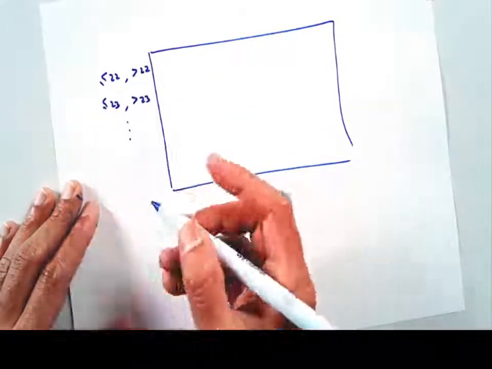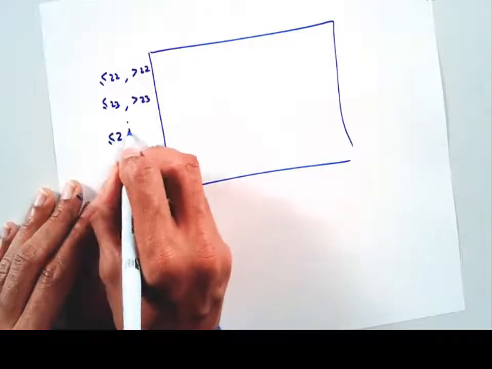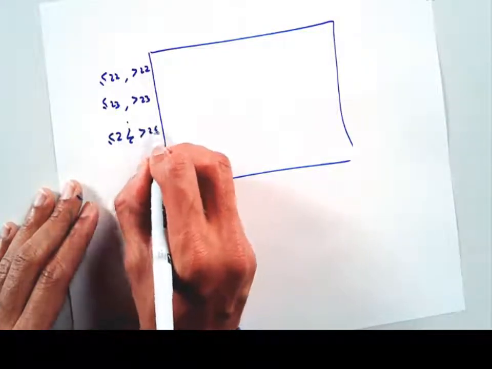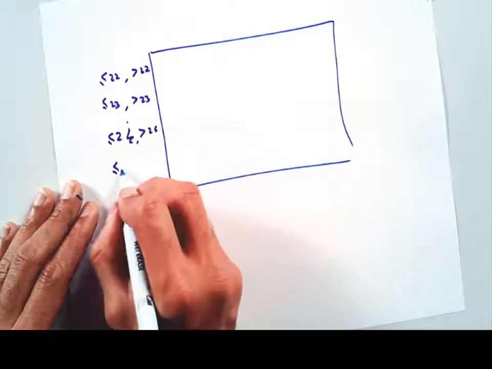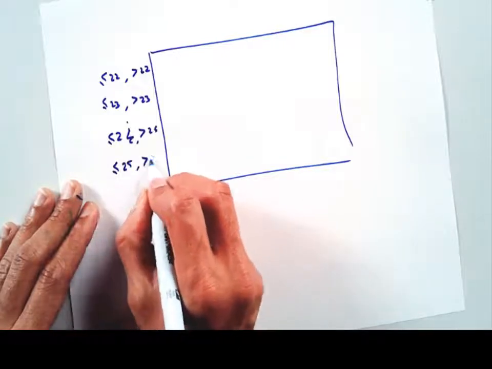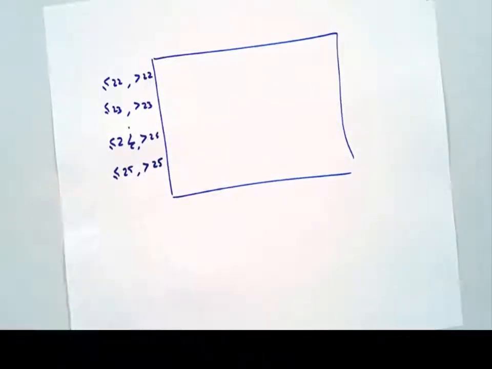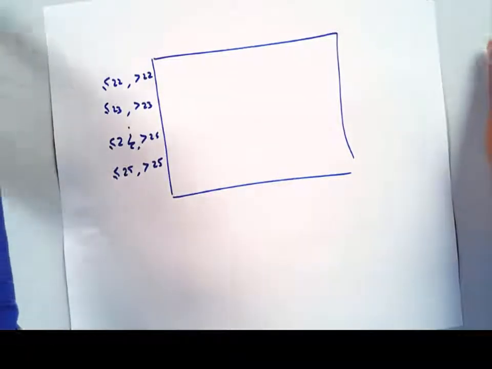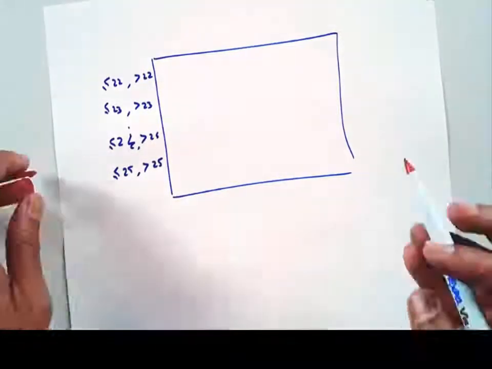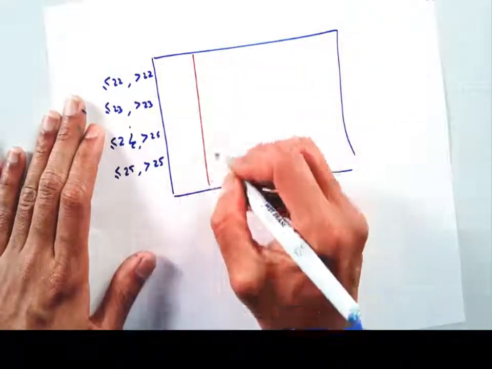So let's write down less than or equal to 24, greater than 24, less than or equal to 25, and greater than 25. So these are the left and right splits, and I'm not going to do all the calculations for each one. I'm just going to give you the results.